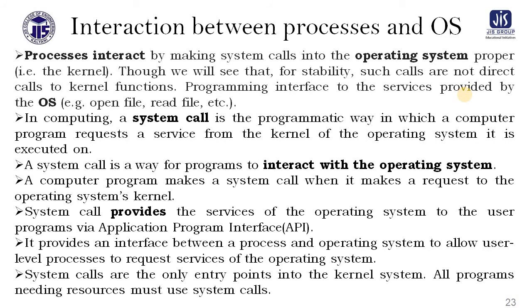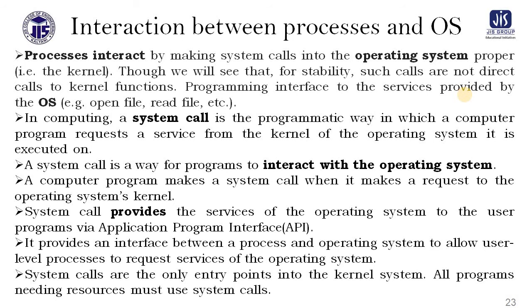So system calls provide the services of the operating system to the user programs via an application programming interface. Next point, it provides an interface between a process and the operating system to allow user level processes to request services of the operating system. System calls are the only entry points to the kernel system. All programs needing resources must use system calls.